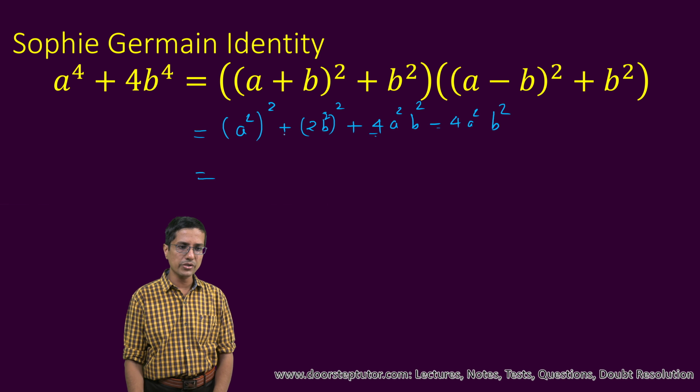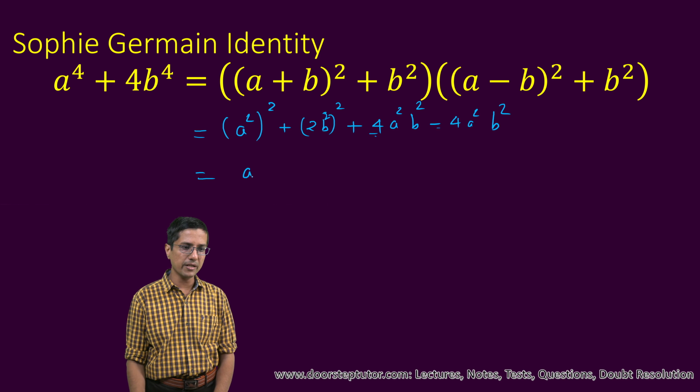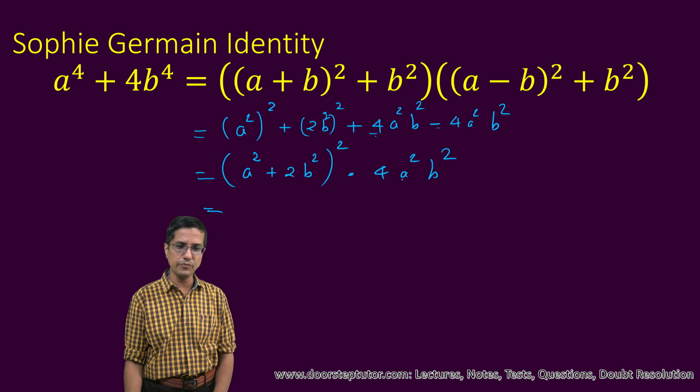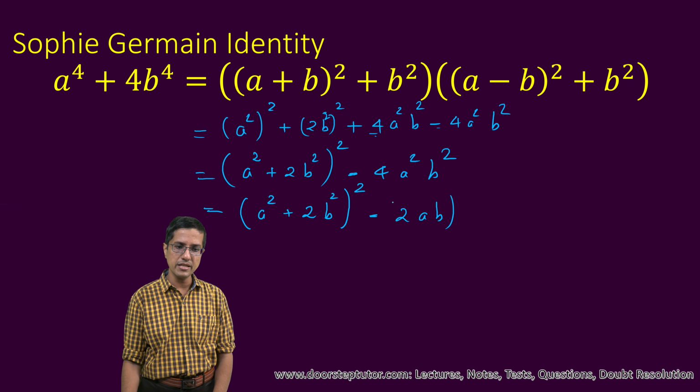And now of course we know what this is, a square plus b square plus 2ab. So this becomes a squared plus 2b squared the whole square minus 4a square b square. Now this 4a square b square can be further simplified. So this becomes a square plus 2b square the whole square minus 2ab the whole square.